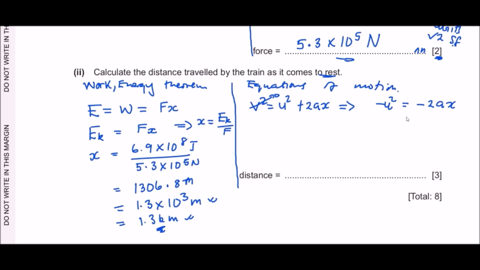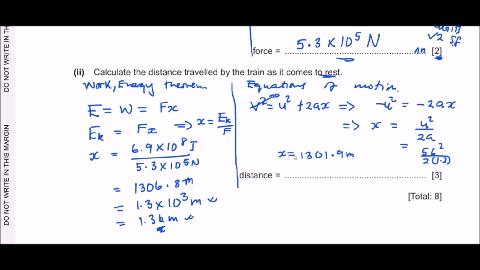We are looking for x. We need to divide both sides by minus 2a. We end up having x is equal to u squared over 2a. By substitution, this is going to be 56 squared over, what is 2a? 2 times 1.2. If you punch your calculator very well, you are supposed to get 1301.9 meters.